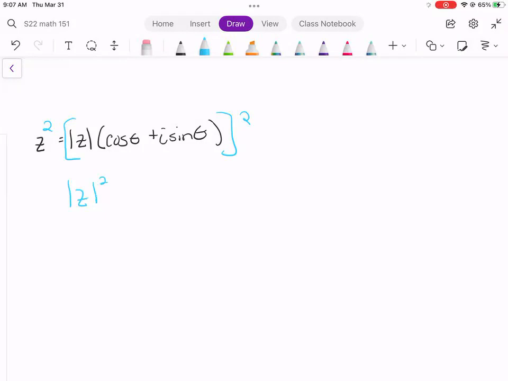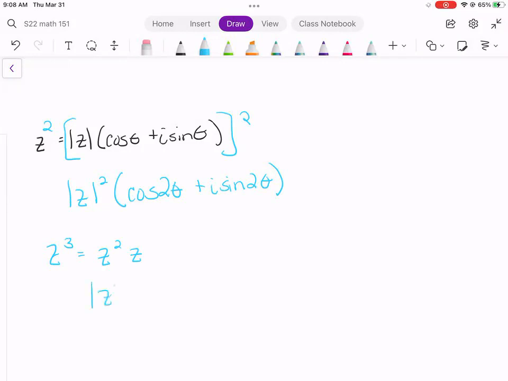And then when I multiply everything out there, I end up with the cosine of 2 theta plus i sine of 2 theta. Similarly, if I move down to z cubed, notice that it's z squared times z. So I can rewrite the z squared that I have above.